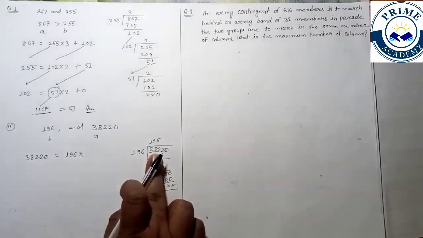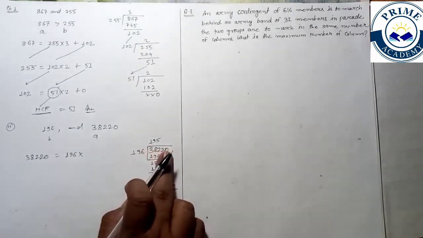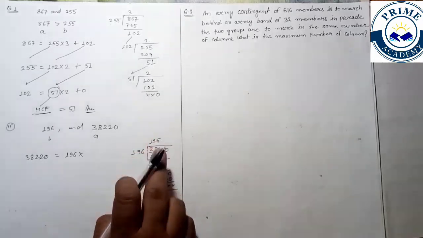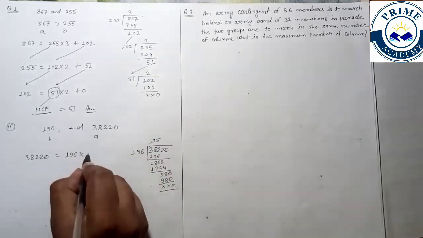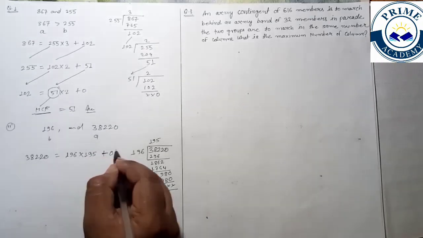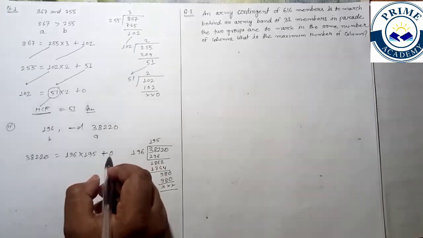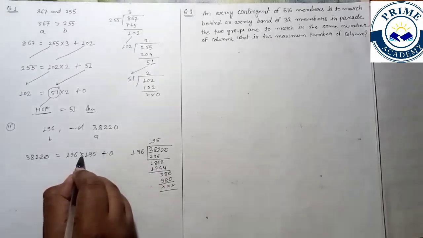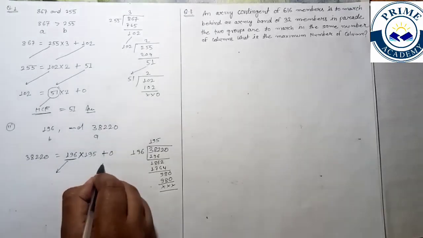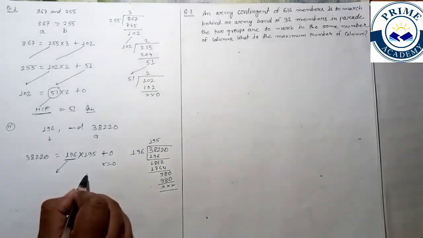38220 divided by 196 is completely divisible, right? Because the remainder is 0, you can write 196 times the quotient plus remainder 0. So the remainder is 0, you just stop here, and we stop the Euclid division lemma.